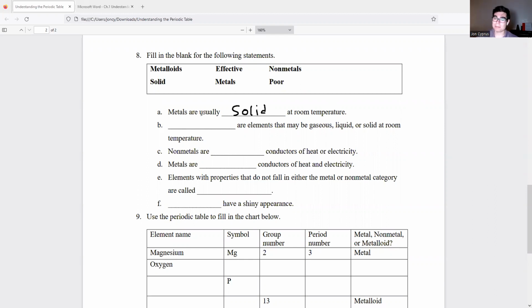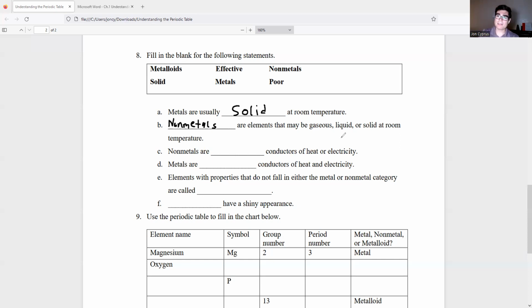B says blank are elements that may be gaseous, liquid, or solid at room temperature. These are nonmetals. So nonmetals can be all of the above, except for plasma, at room temperature. It depends on what kind of atoms you have in your non-metal compound.